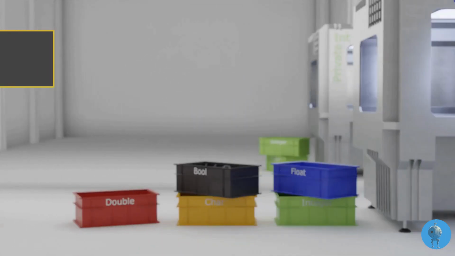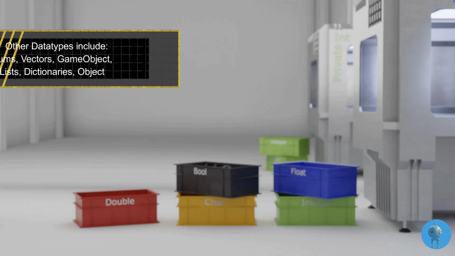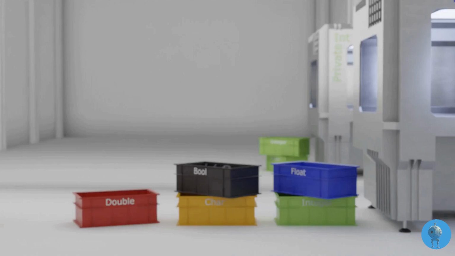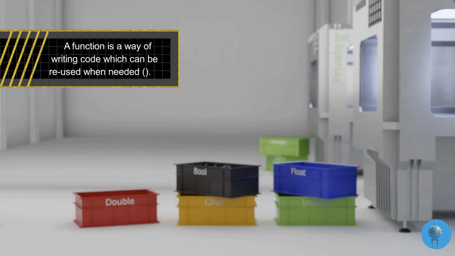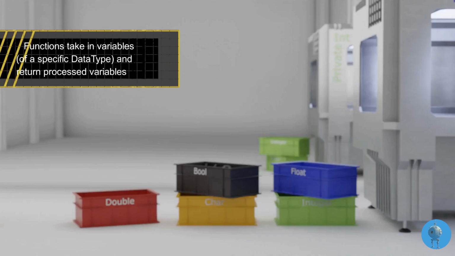These are the basic building blocks for scripting in Unity. There are more variables they can use, but we'll stick to the basic ones for now. To get useful information out of these building blocks, we need machines, and these machines are referred to as functions in scripting.